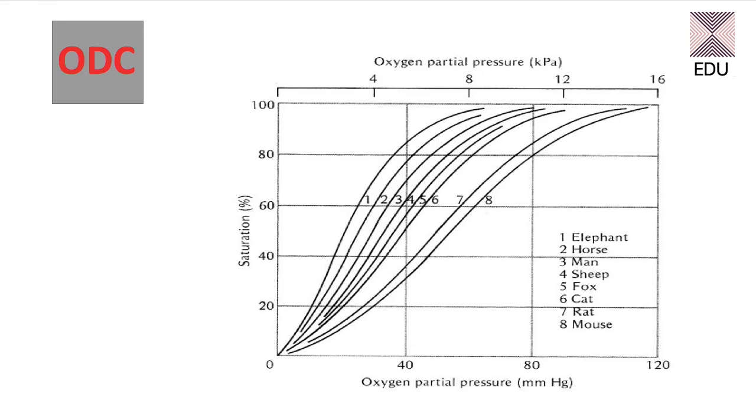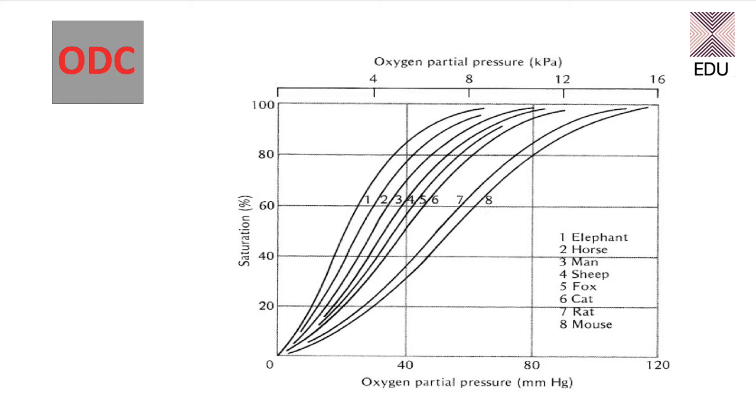So here you can very well see that the pigment of the elephant, the hemoglobin of the elephant, is the first one to be saturated to 98% at the lowest oxygen partial pressure, which is near 55 or 56.